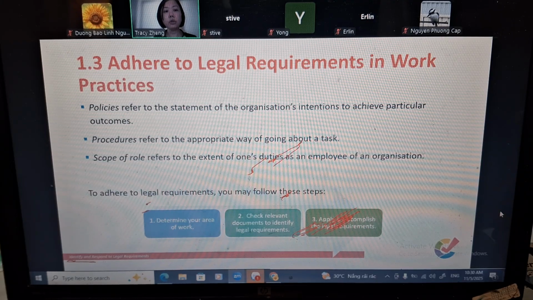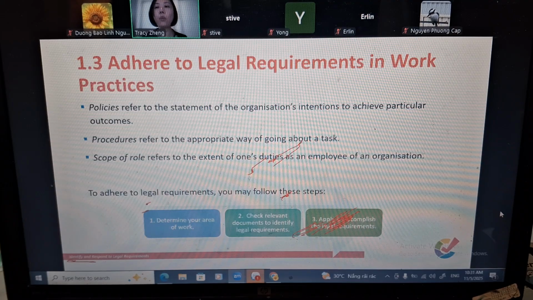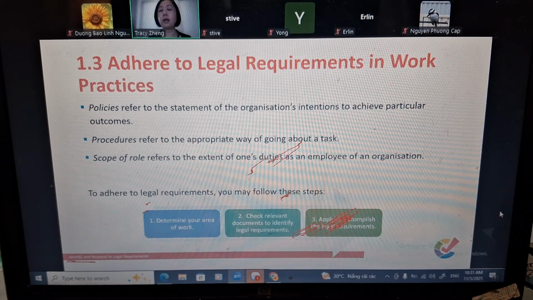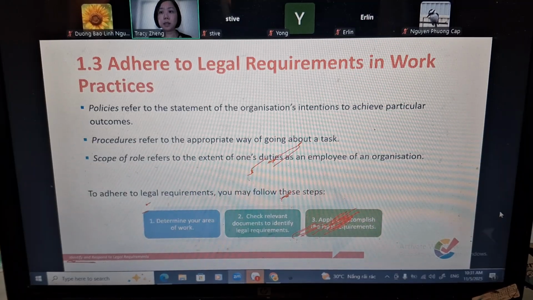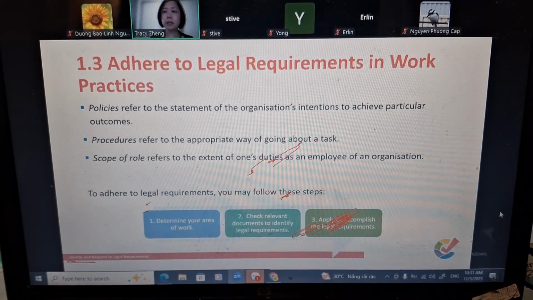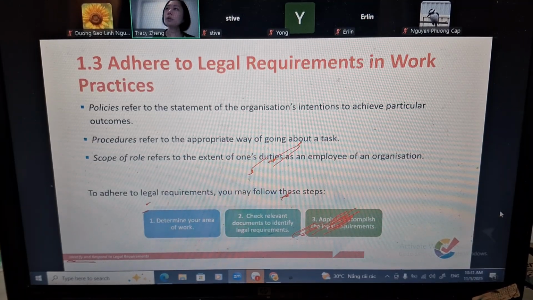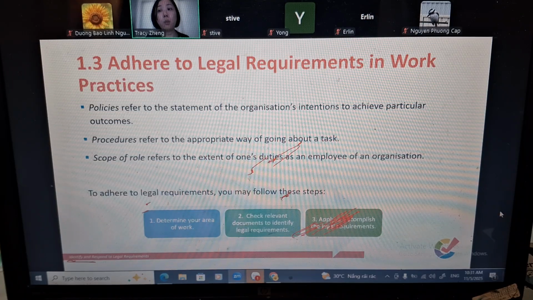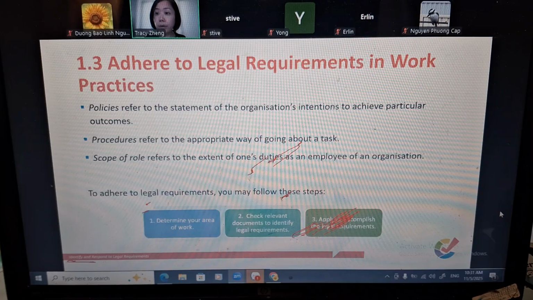Firstly, you do need to determine your work area. For example, you work as a support worker, or a receptionist, or a cleaner or kitchen hand, or whatever the role. So you must understand what your role is and what your work area is.